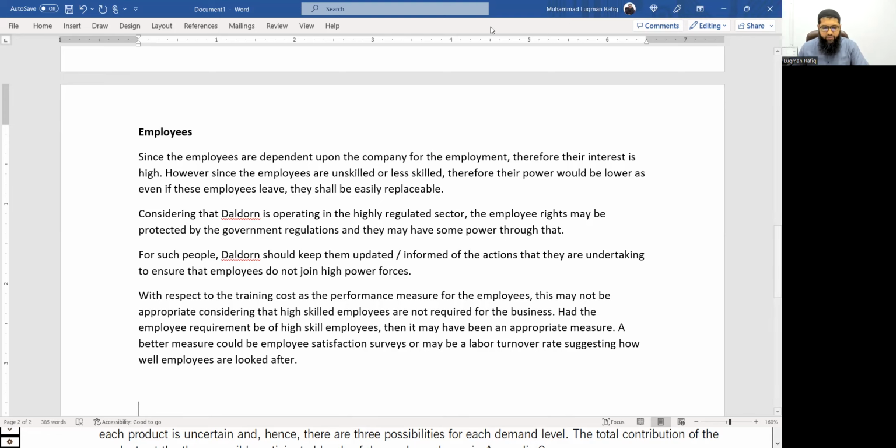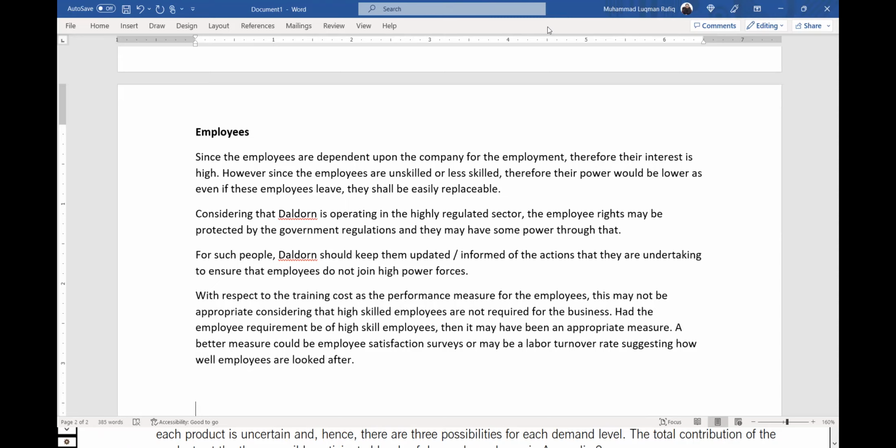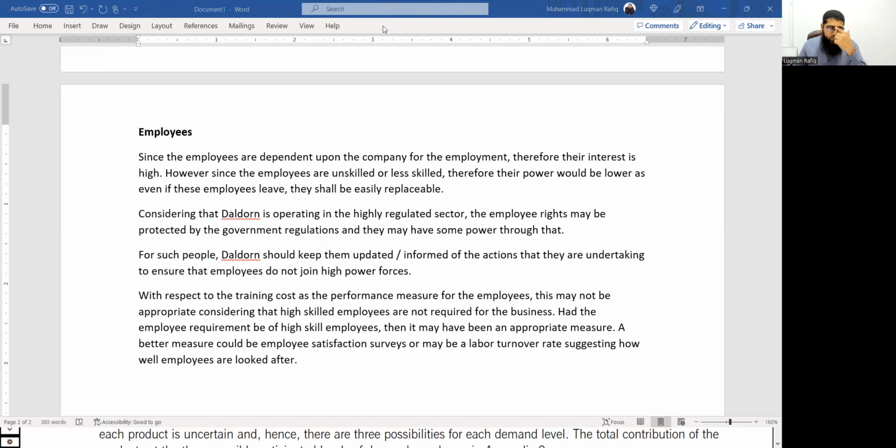Yes. Yes, Aisha, you can suggest separate recommendations for both the skilled and the unskilled employees. You can do that.